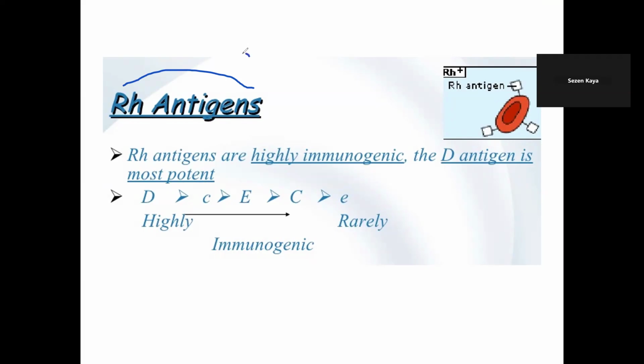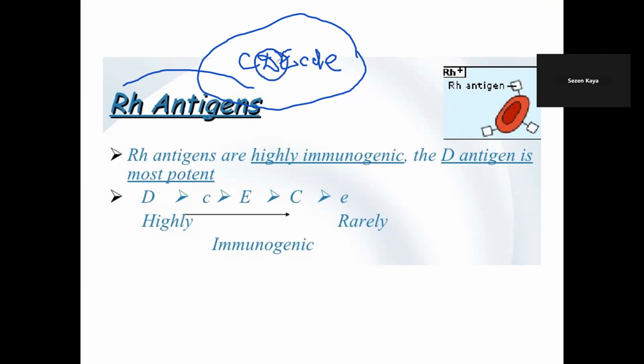What does it mean? The CDE system and small cde system are general antigens. But when we are talking about the rhesus factor antigen, we are talking only about this one, present or absent on the surface of the erythrocyte.